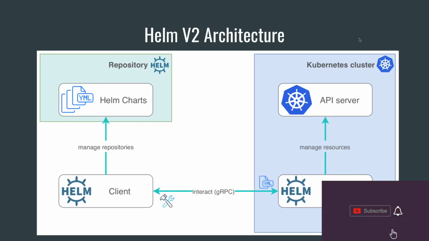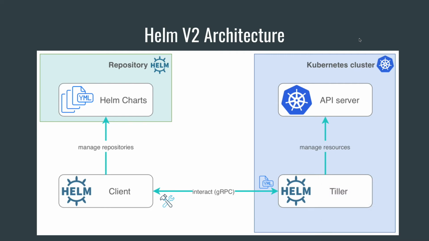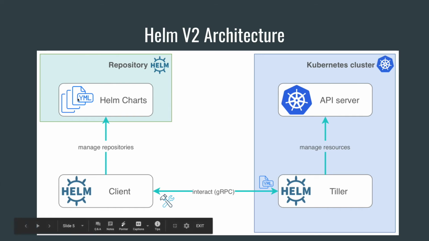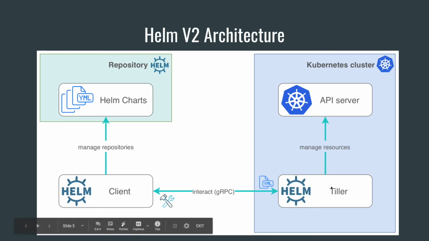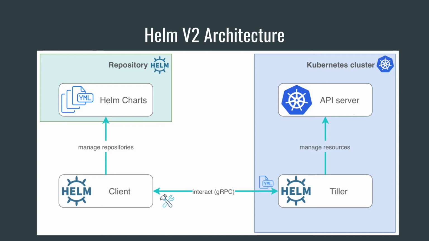Now let's dig into the architecture. Here I'm showing the Helm v2 architecture because there was a major shift between Helm version 2 and the latest version, which is 3.x. In the previous version there was a client-server architecture. This part is a client, where the client talks to the Helm repository to fetch the Helm chart. Then there was a component called Tiller, which we had to run inside the Kubernetes cluster, and it used to talk to the API server.